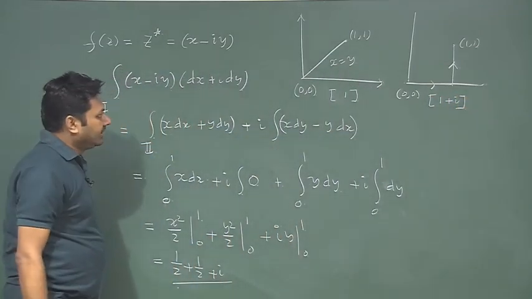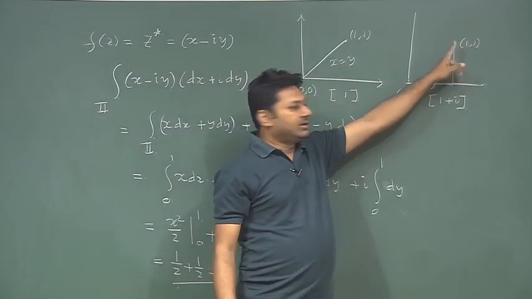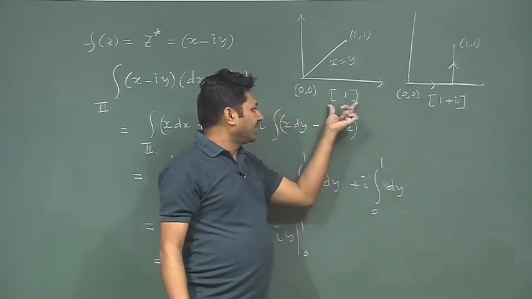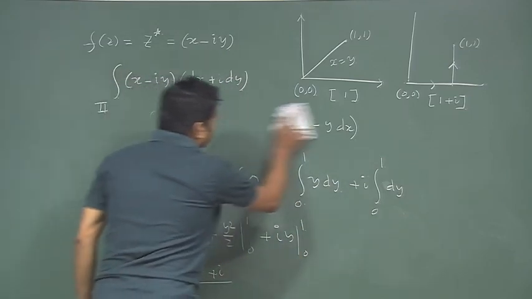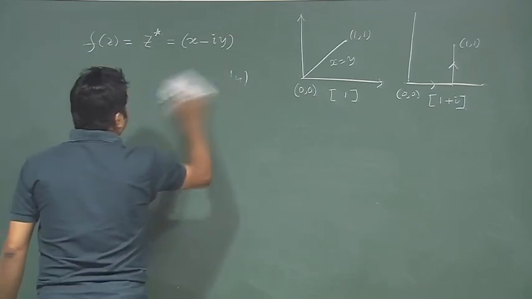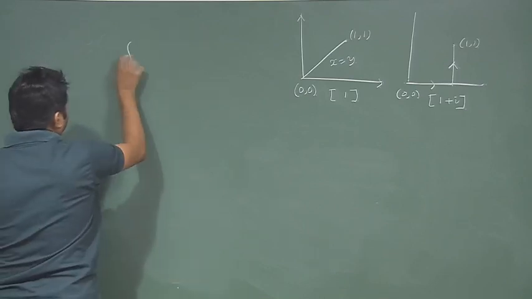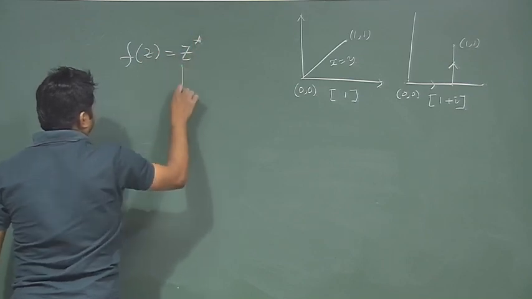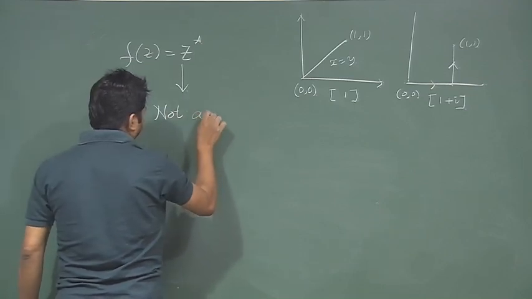So, that means if I go from here to here and if I go from here to here, in both the cases I will have the integration, but this integration has quite different values. The reason behind that, as I mentioned, is a very simple check of whether the function is analytic or not. Here my function f(z), which was z star, is not an analytic function.